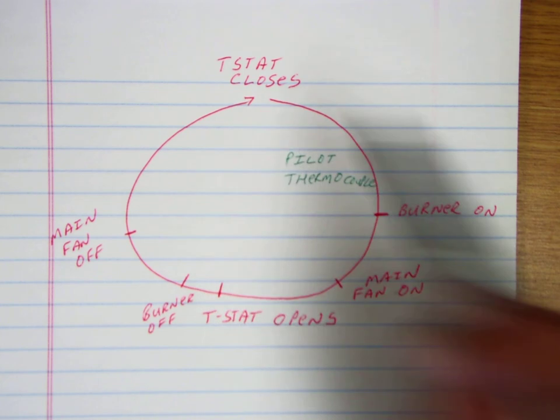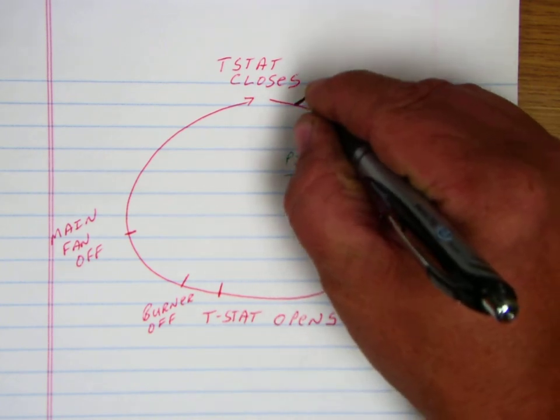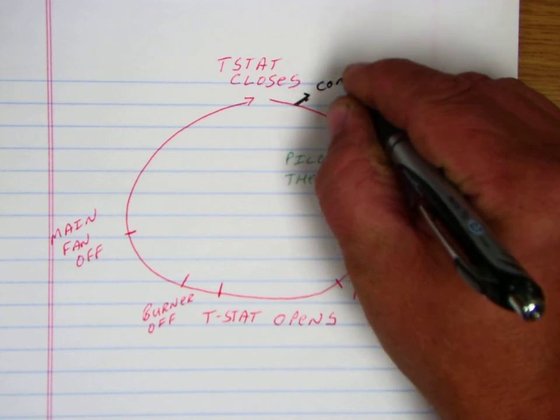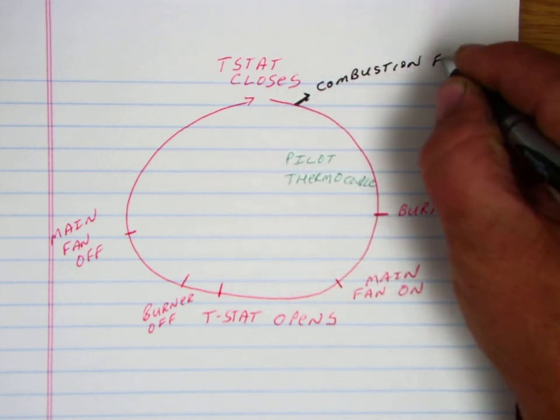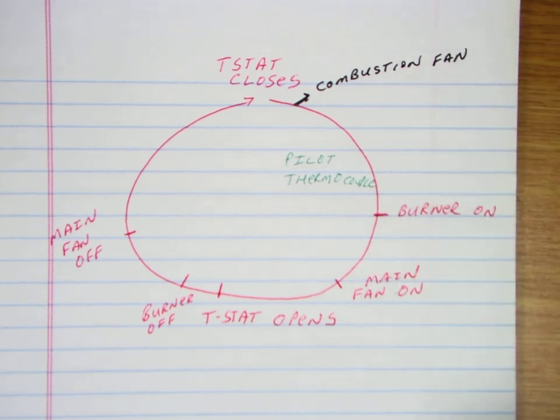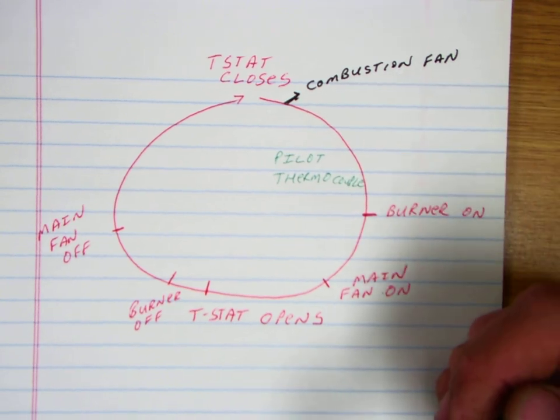What happens when the thermostat closes in an efficient furnace is it turns on the combustion fan, which is a small fan that blows air through the combustion chamber, sorry, that's the proper word for it. So when the thermostat closes, that combustion fan kicks on.